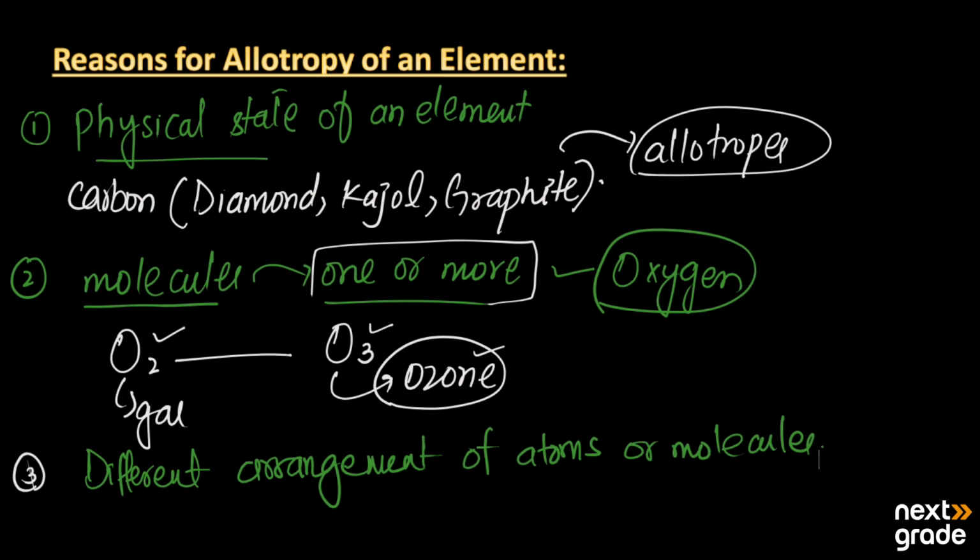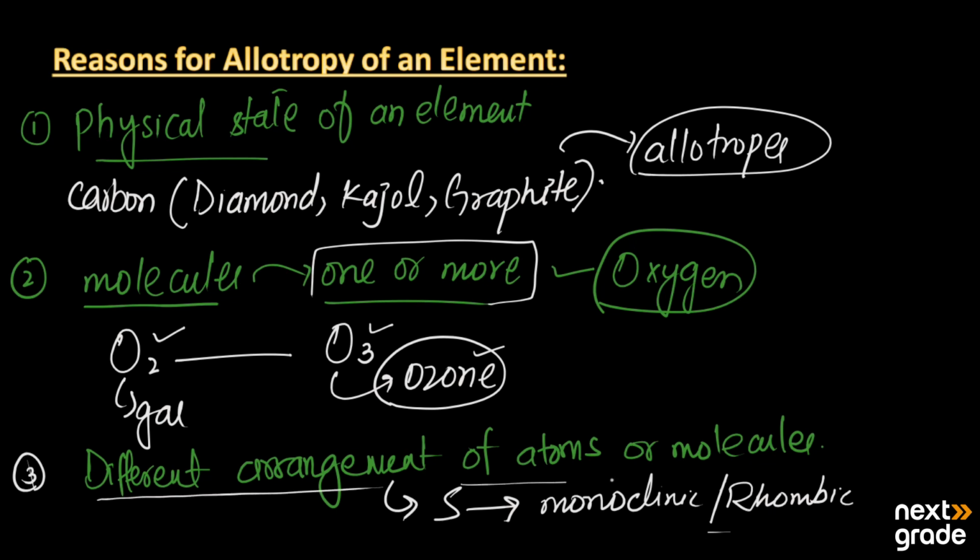For example, sulfur, as I explained earlier, exists in two allotropic forms. The first one is monoclinic, and the second one is rhombic, or we can also call it orthorhombic or simple rhombic sulfur. So this is due to the different arrangement of the atoms or molecules of that element. So mainly we have just three reasons for the allotropes of an element to exist.